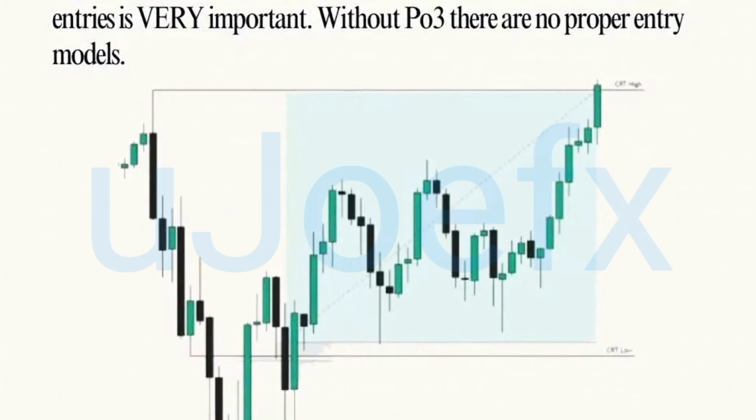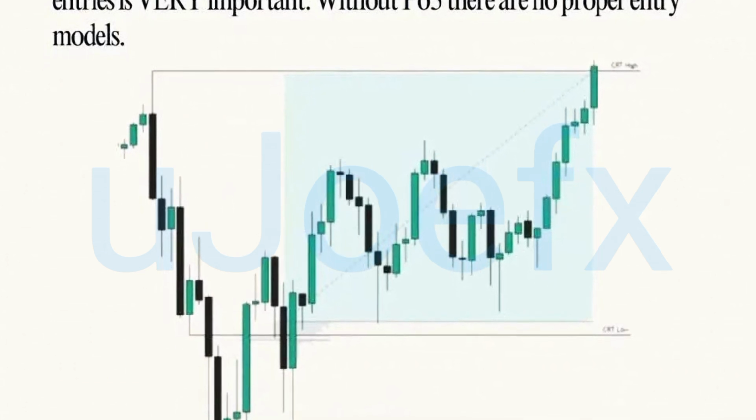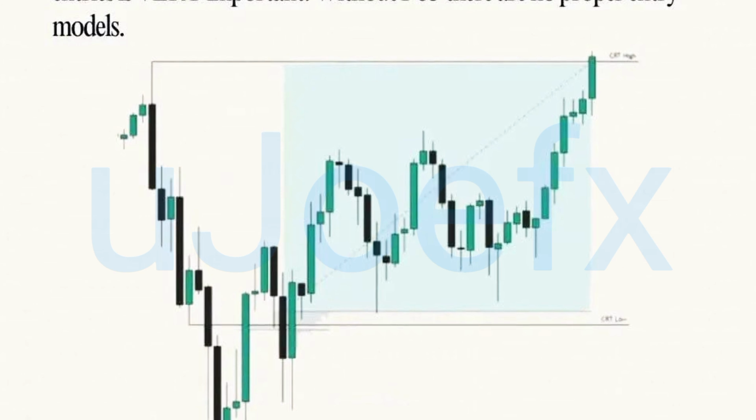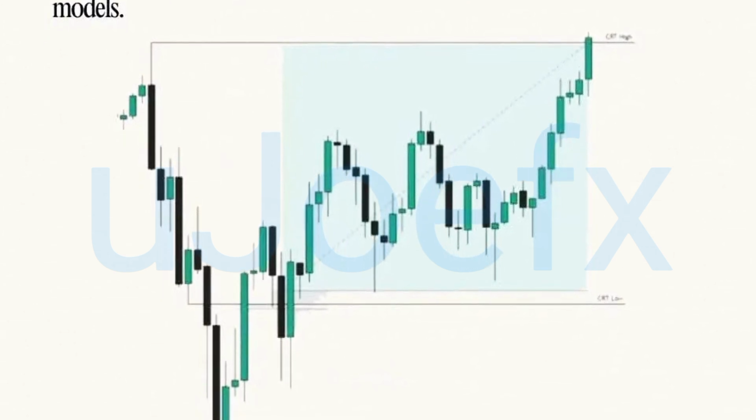So pretty much, as you can see, we have the accumulation at your right hand part, and at your left hand part we have the manipulation, which was the break beyond the previous swing. So you have this breakout here.